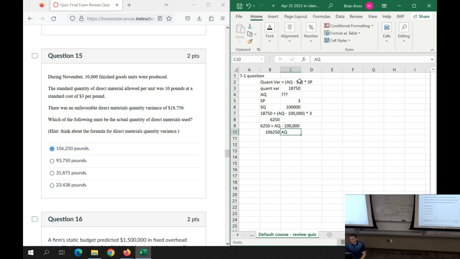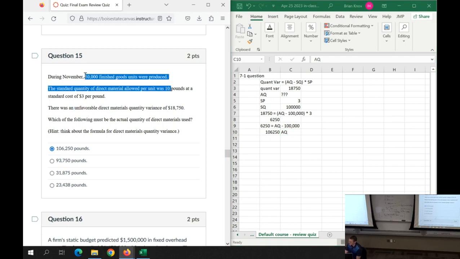You could simply say, this is an unfavorable variance. Yeah, that's a really smart way of looking at it. We know we have an unfavorable variance, and we look at these two numbers right here, 10,000 and 10, and then we can get SQ of 100,000.